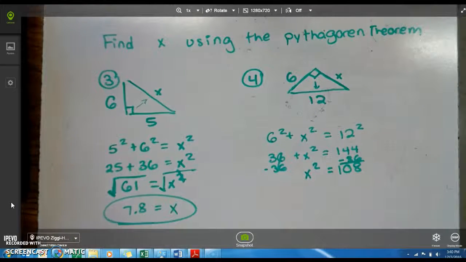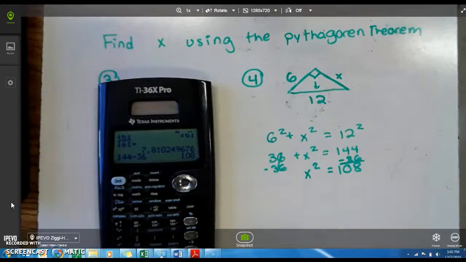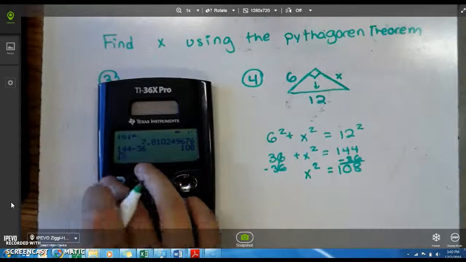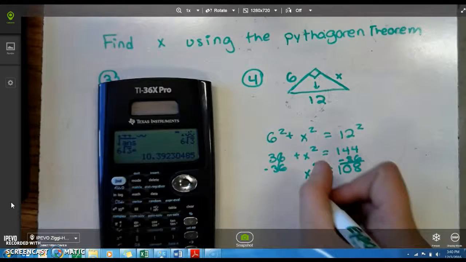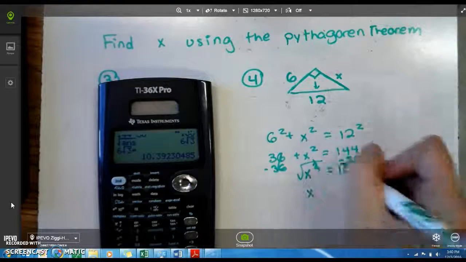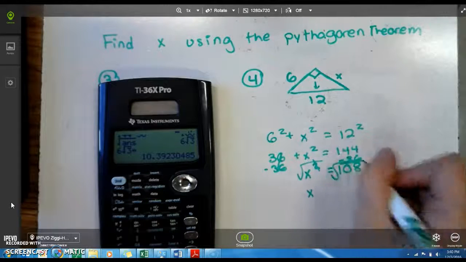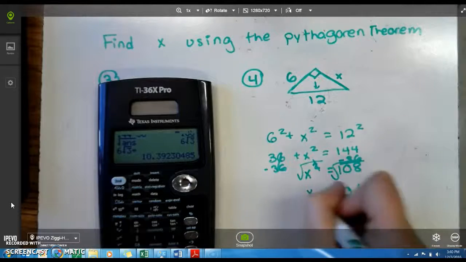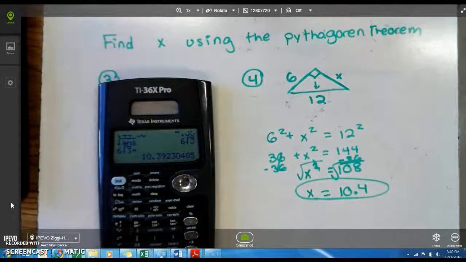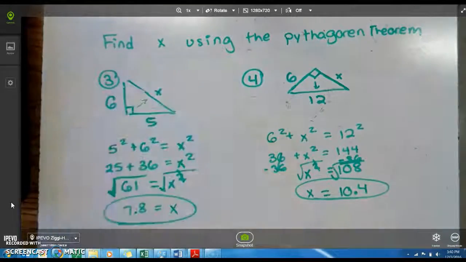And we will take the square root of 108, right? So there are two examples of the Pythagorean theorem.